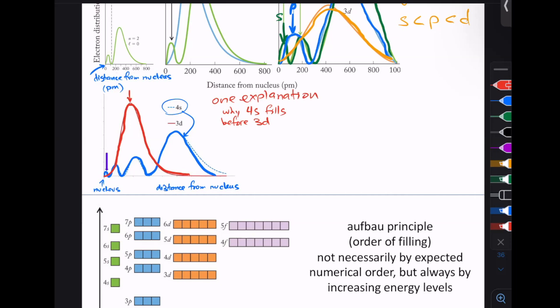Because the 4s electron can get closer to the nucleus at least some of the time. So it gives us a more stable situation, so the energy level is slightly lower.